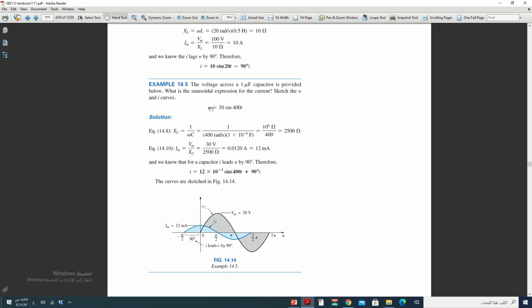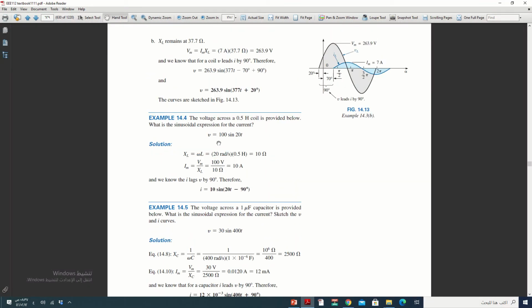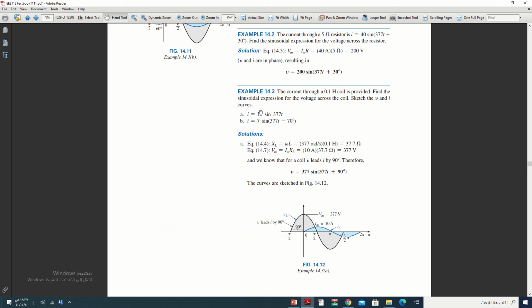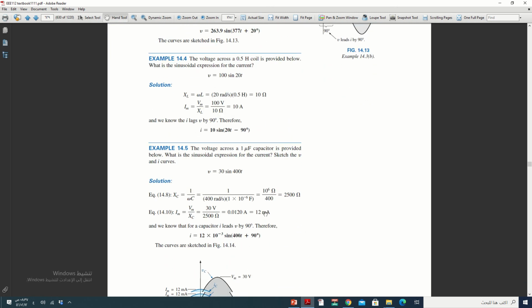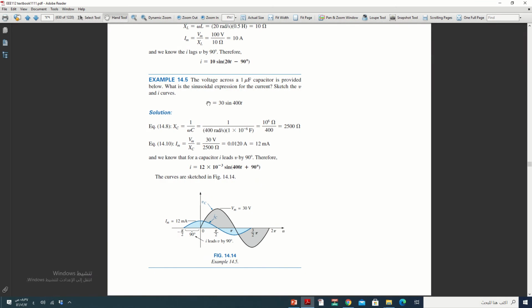Now we have the voltage, not the current. Before, in the inductor, it was given the current. If you remember, they give us the current and need to find the voltage. Now here it's the opposite, but that does not mean they will always do it this way. Maybe they give you the current and ask you about the voltage, or give you the voltage and ask you about the current. Don't memorize the answer.